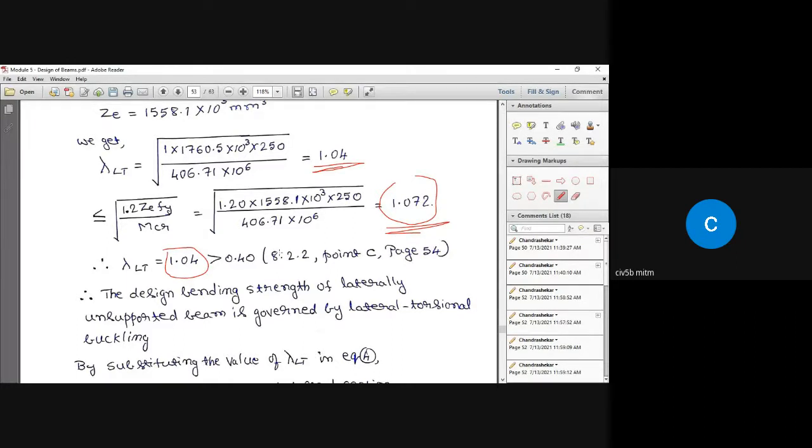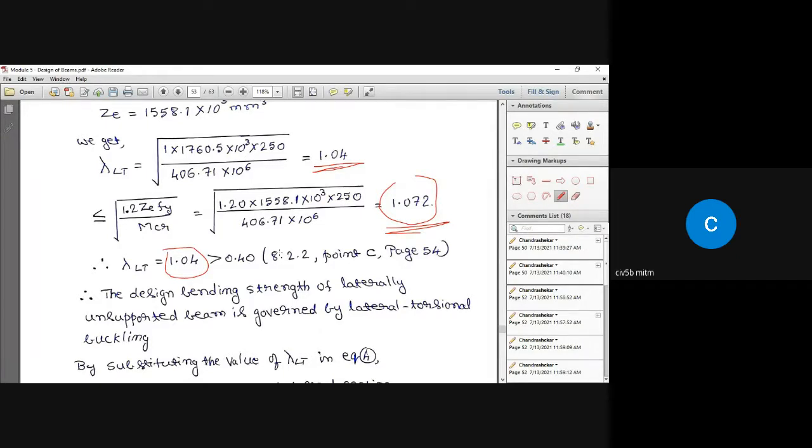If you go to page number 54, first column under 8.2.2, if you go a little bit below this, you will have 3 points A, B and C. Under point C, it says in case of major axis bending, lambda LT is less than 0.4. In that case, what does the code say?